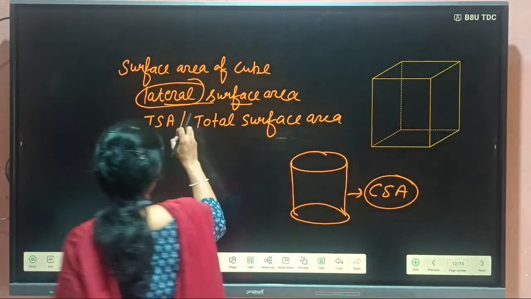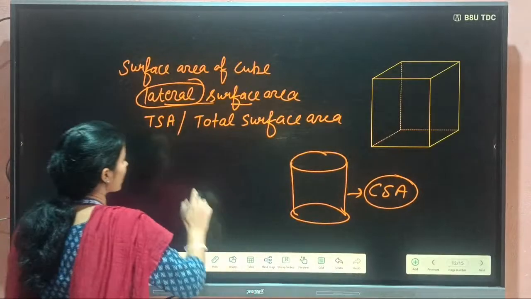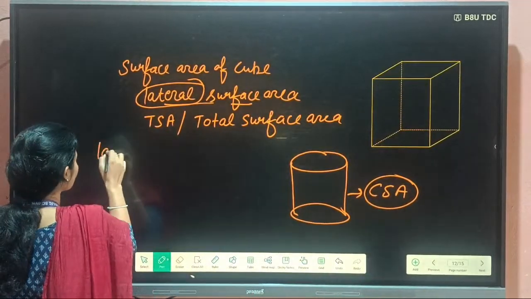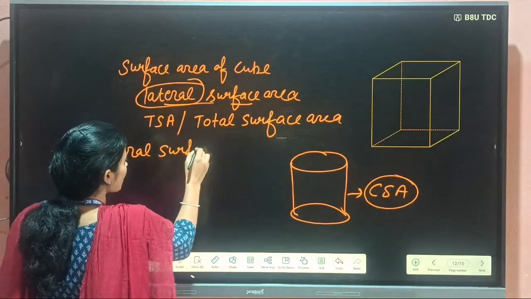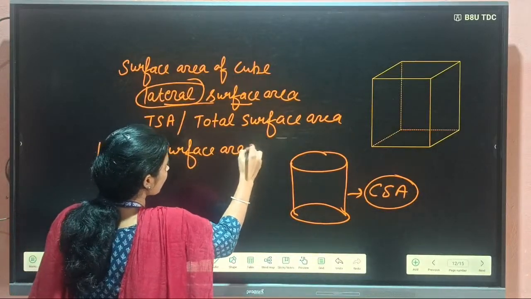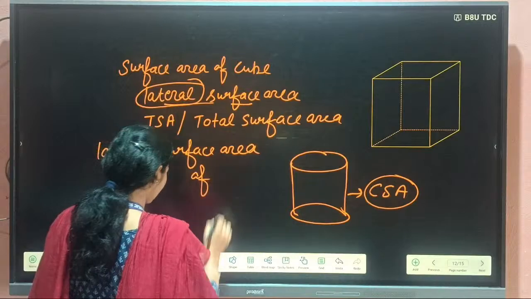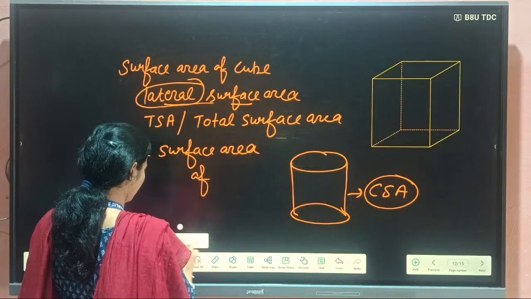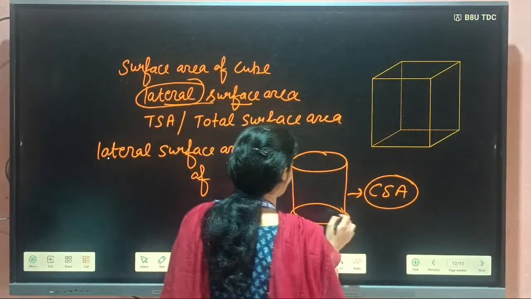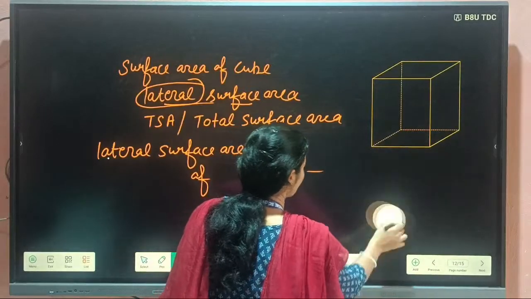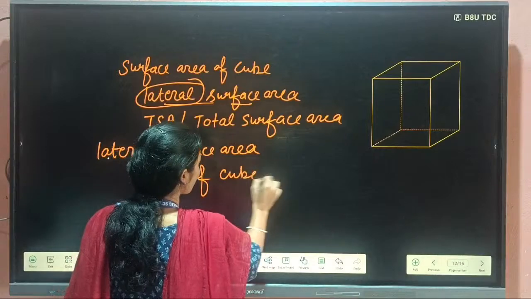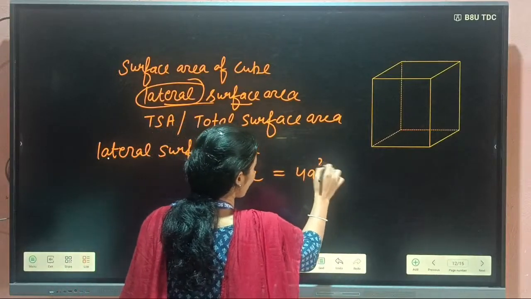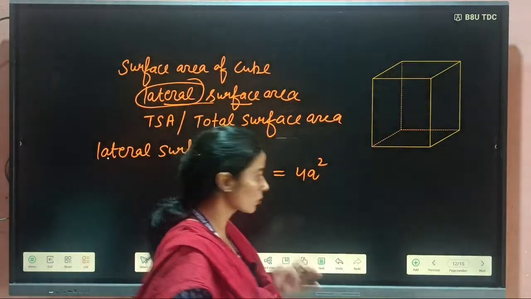So if I want to write lateral surface area of cube, lateral surface area of cube is 4a square. Let us see how this 4a square came.